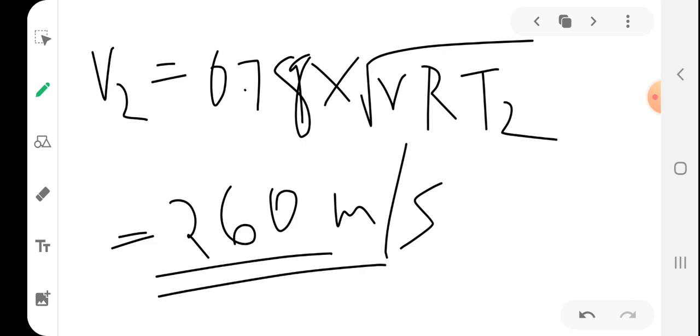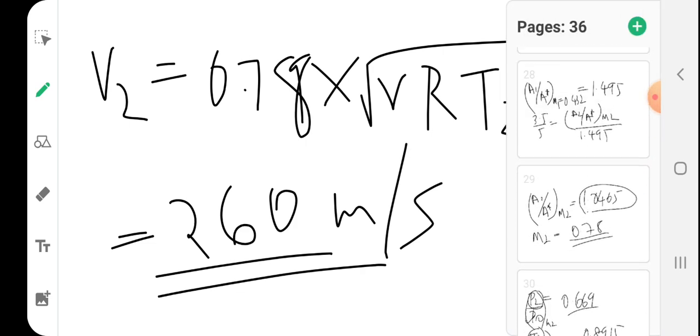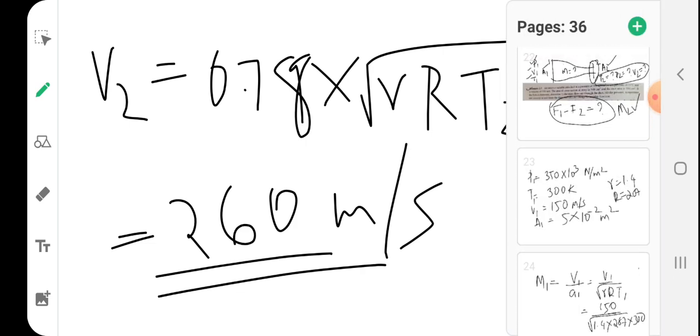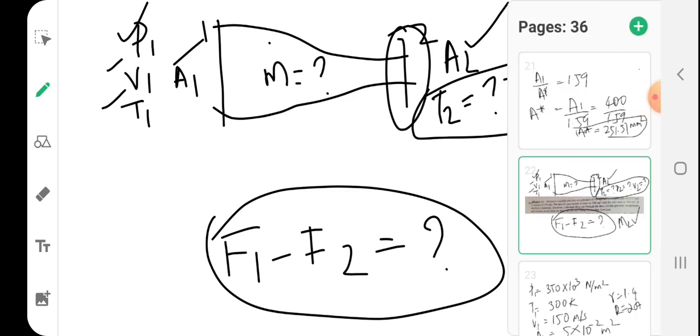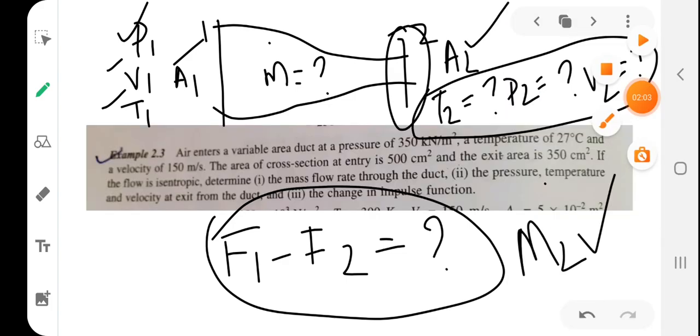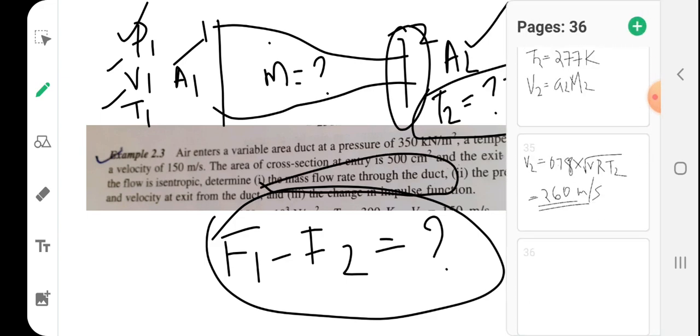Now what else do we have to find? The mass flow rate, m dot, should be found out. So how to find m dot?